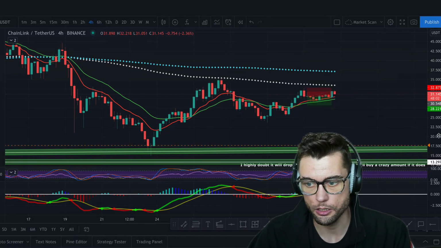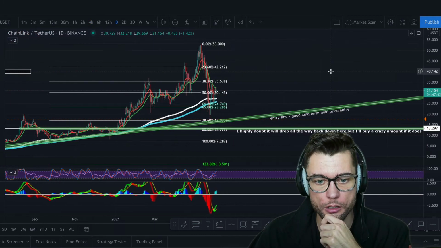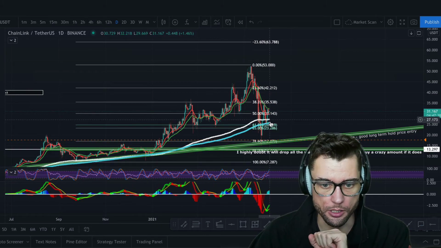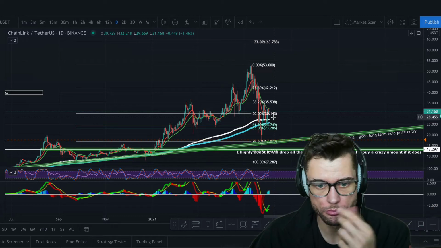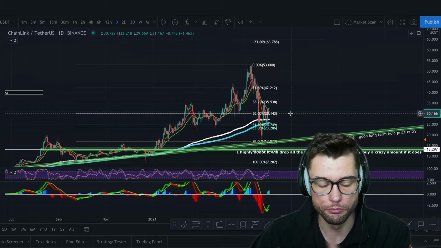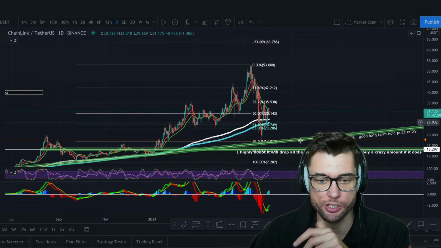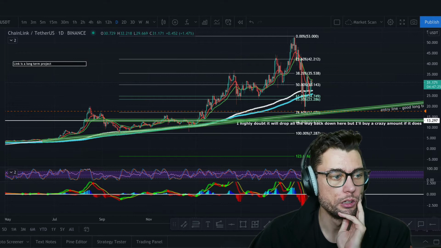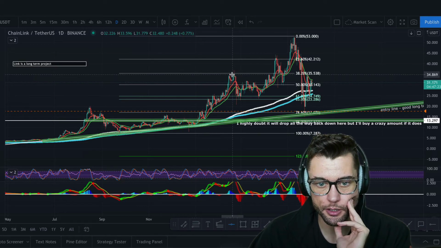Could look at Link. Link, very similar to Bitcoin right now, in between the moving averages, underneath the moving averages. But it's not just that it's underneath the moving averages. Look at this right here.